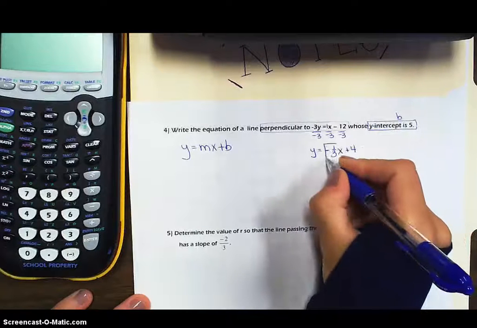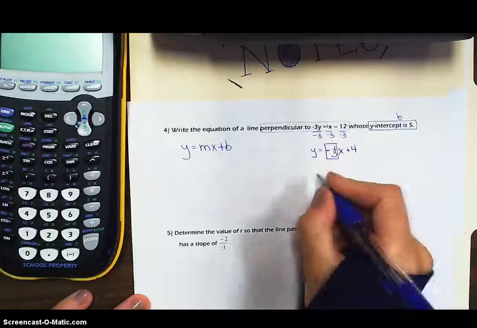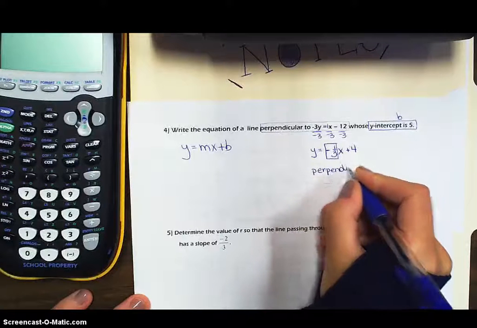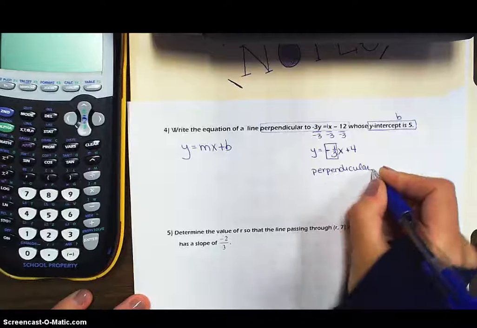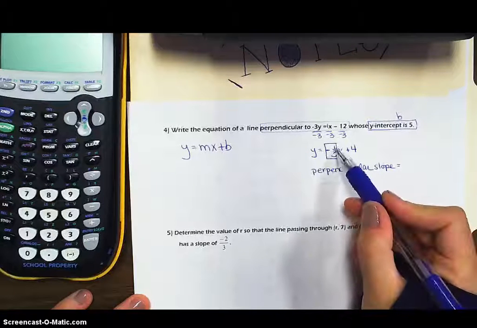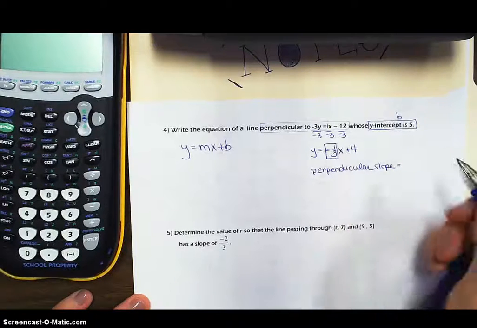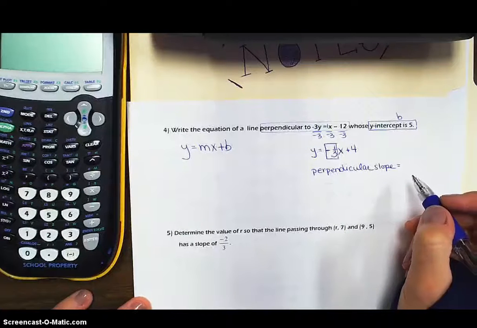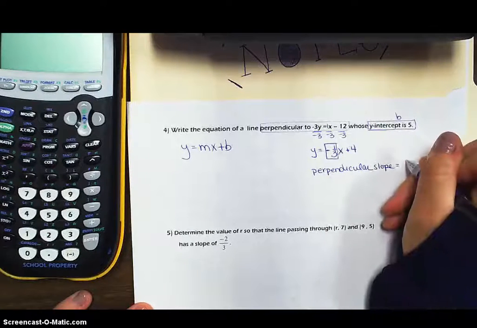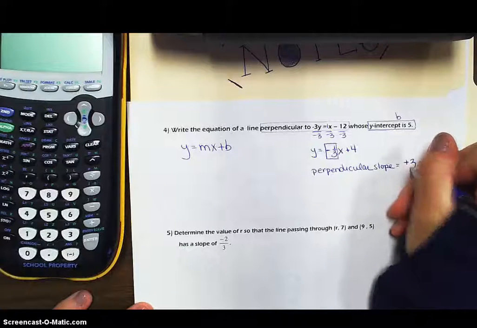So my slope here is negative 1/3, which means the perpendicular slope is equal to, so we're going to flip it, so instead of 1/3, it's 3/1, and then we're going to negate it. So a negative negative turns into a positive 3.